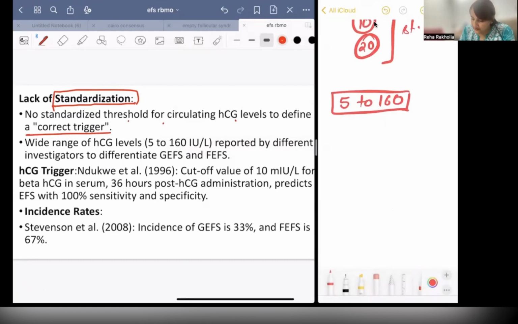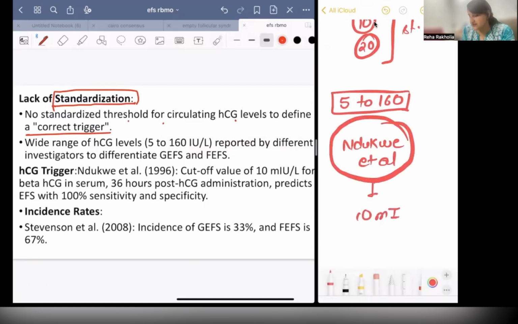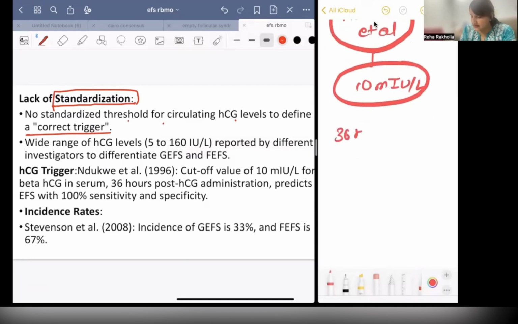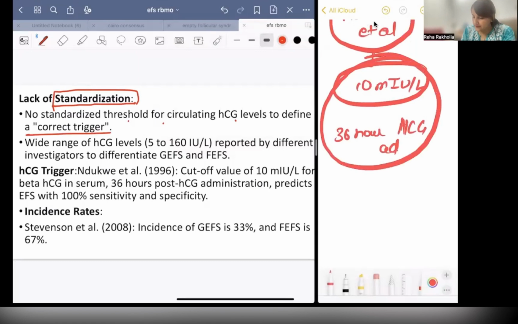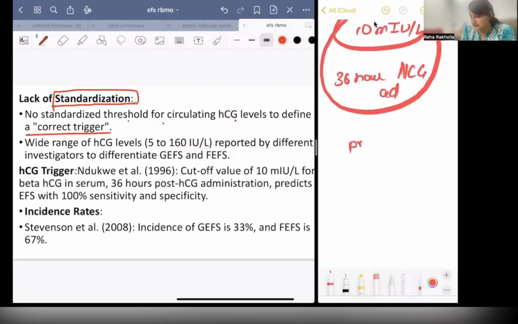HCG trigger. Dukwi et al. said that the cutoff is 10 milli international units per liter, 36 hours after HCG administration, which predicts 100% sensitivity and specificity.